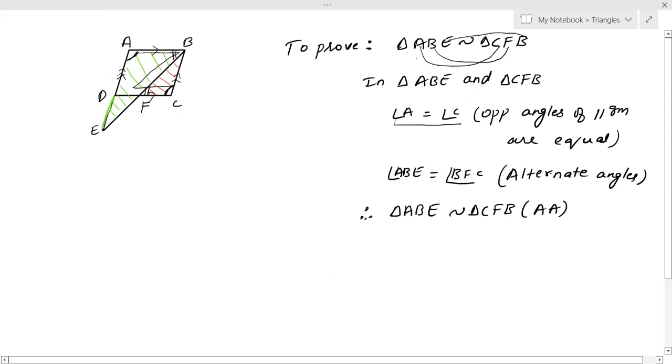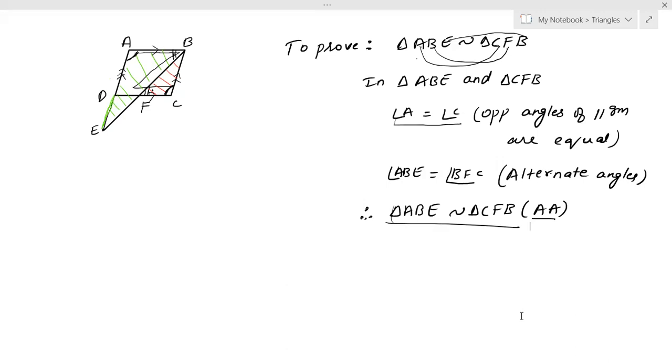Therefore, this angle ABF or ABE is equal to angle BFC using alternate angles. Whenever two lines are parallel, we should always go with alternate angles. Now we have shown that two angles are equal. Therefore, the triangles are similar using AA criteria. So let's get into the next question.